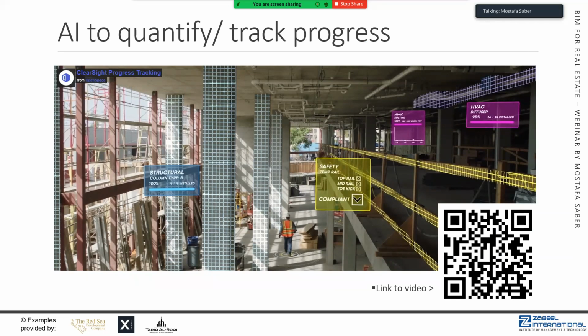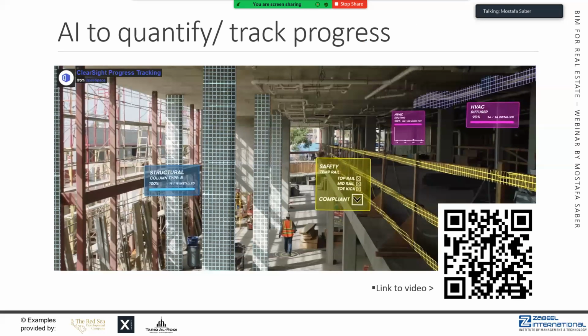It will actually recognize what element it is, and then start comparing the quantity of the executed work to what has been in the quantities itself. There is a link to a very interesting video you can view from this barcode. If you scan this with your mobile, you'll have access to this link immediately.